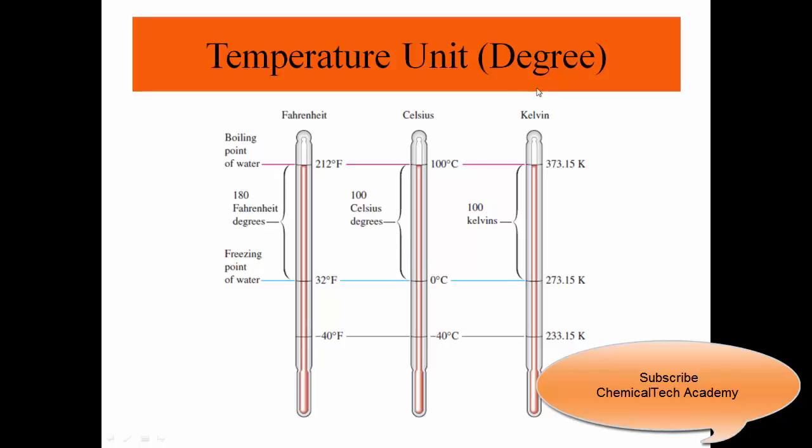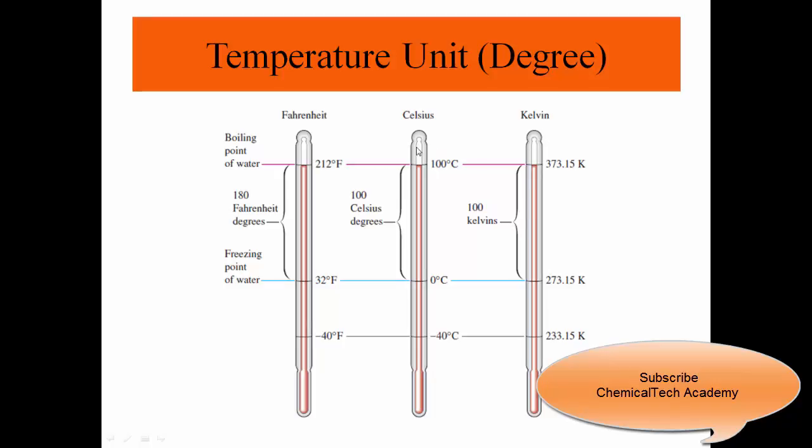If we take a look at Kelvin, the freezing point of water in the Kelvin scale is 273.15 Kelvin, and the boiling point temperature of water is 373.15 Kelvin. As you see here, we again have a 100 degree difference between the boiling point temperature and freezing point temperature of water.